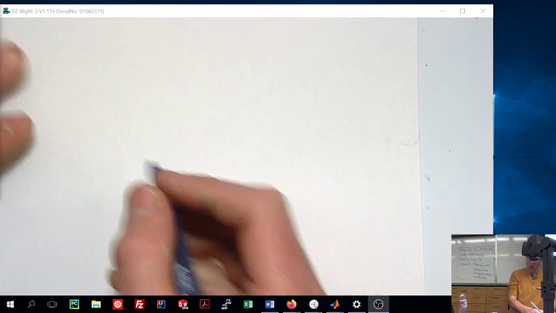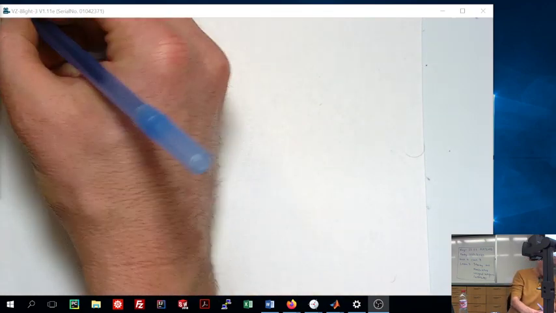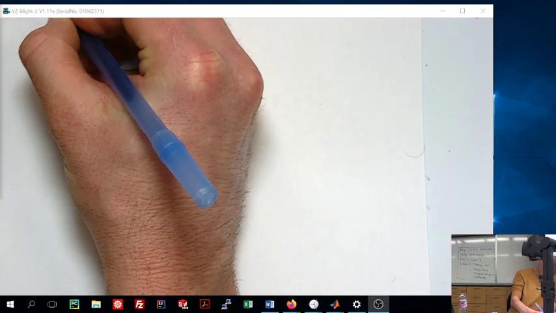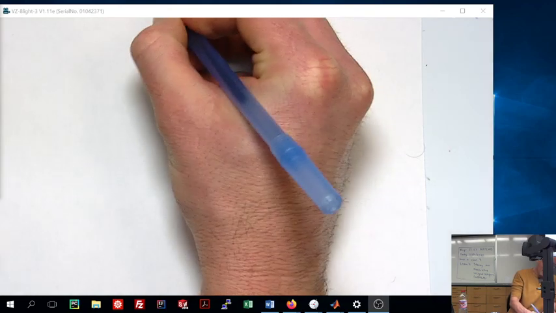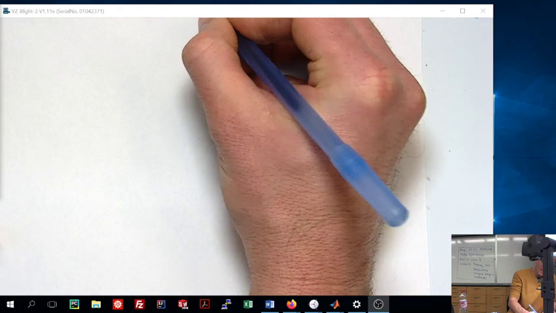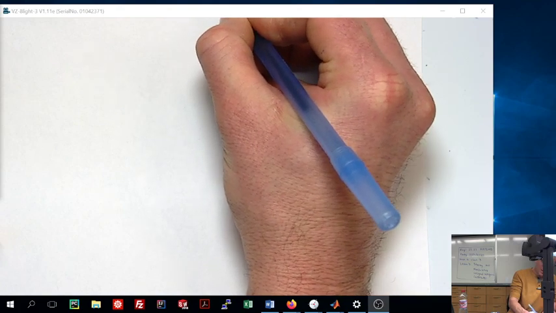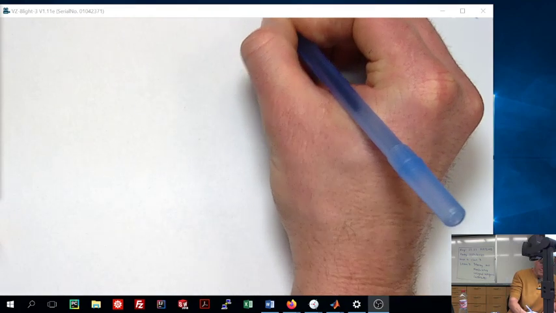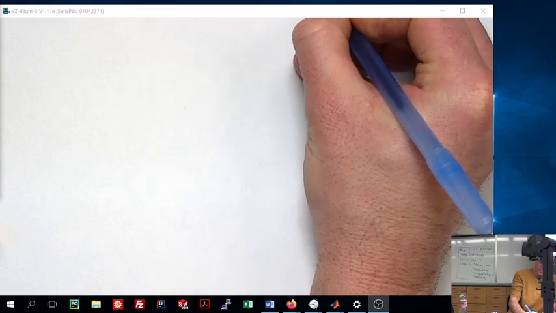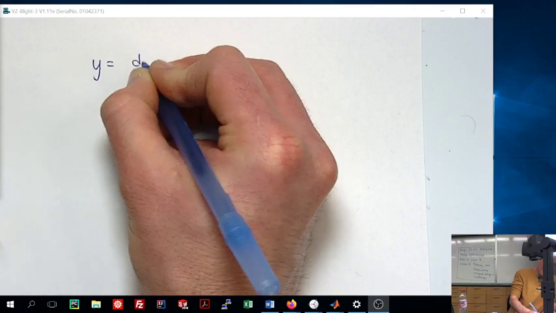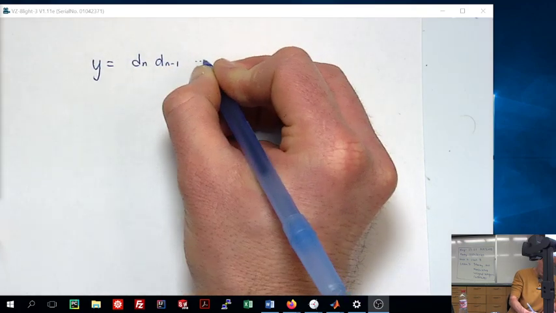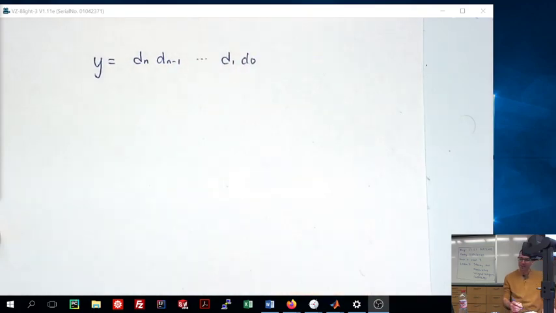Okay, so we said this. When writing the decimal digit representation, y equals d sub n, d sub n minus 1, all the way down to d sub 1, d sub 0.